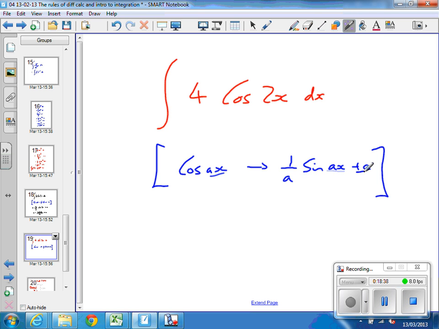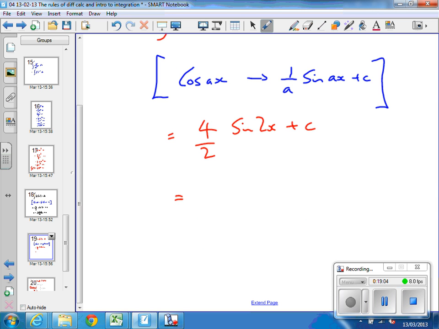So hopefully in this case you got equals 4, because the 4 just remains there, over 2 sine 2x plus c. Can we tidy that up? Just 2, isn't it? 4 over 2 is 2. So I would expect you to do that. It would be silly not to. That would give you 2 sine 2x plus c.